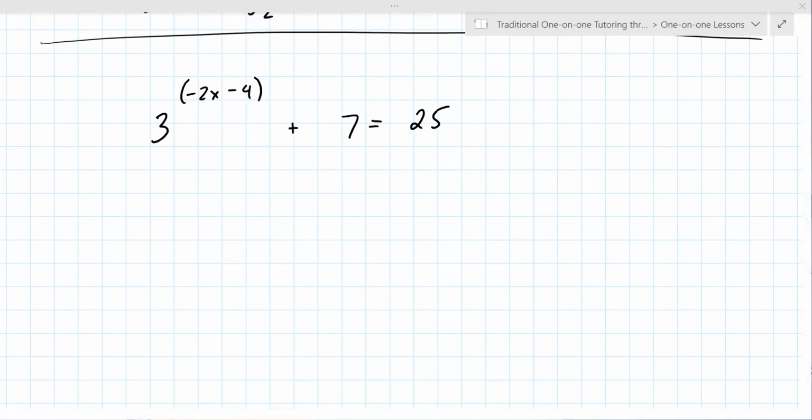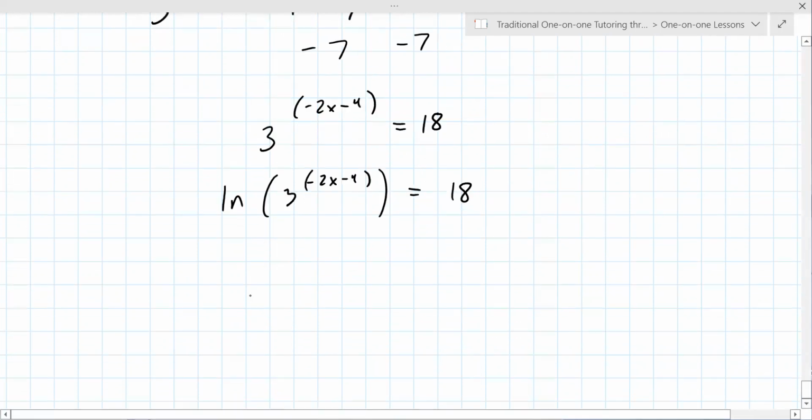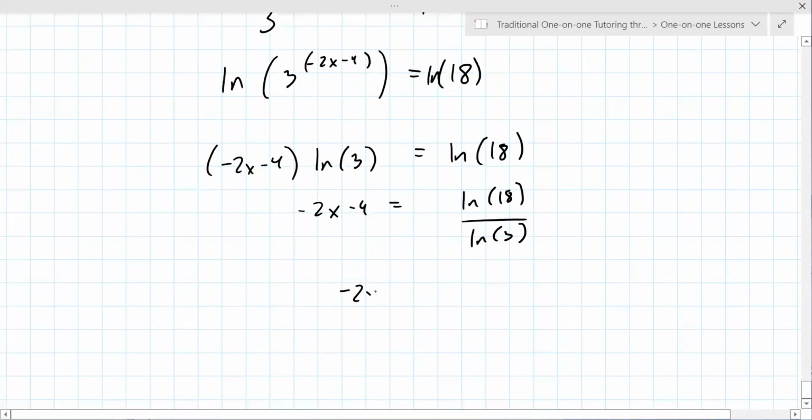How are you doing on this one? I'm doing pretty well. I'm entering it in my calculator now.